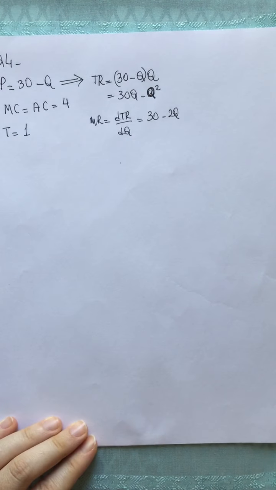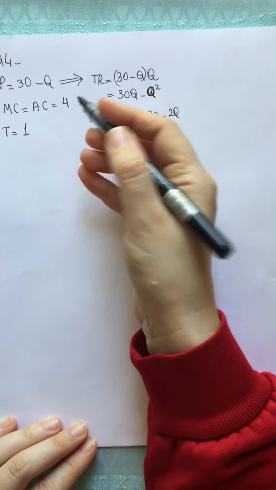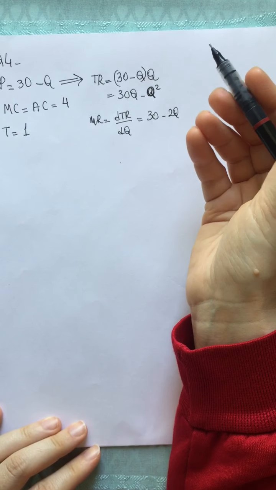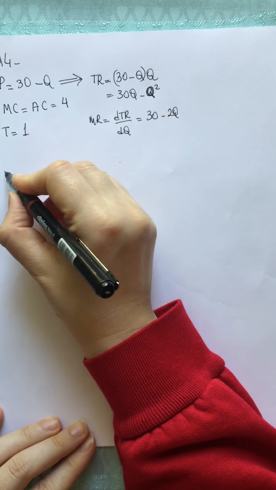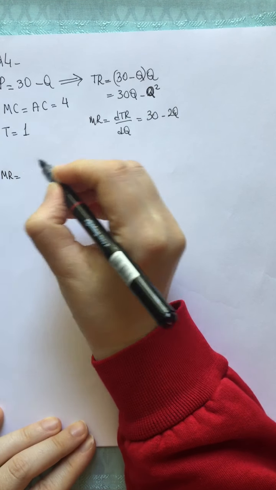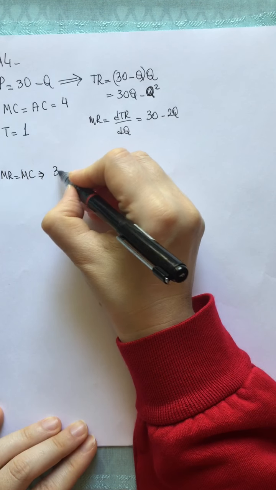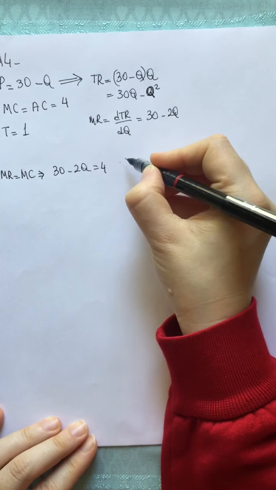And we will equalize it to the marginal cost, which for simplification is given as a constant number. It's 4. So for profit maximization before the tax, marginal revenue must be equal to marginal cost. 30 minus 2Q equal to 4.